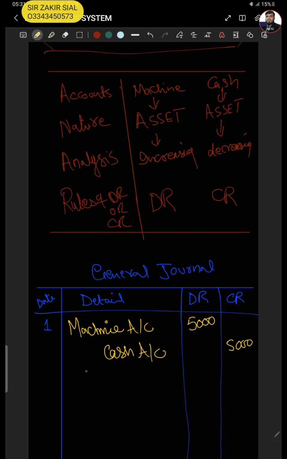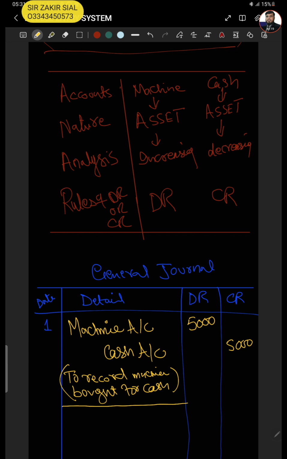And here we give an explanation: to record machine bought for cash, like we are purchasing a machine and making payment. This one transaction is completed in the first book, which is called the general journal.